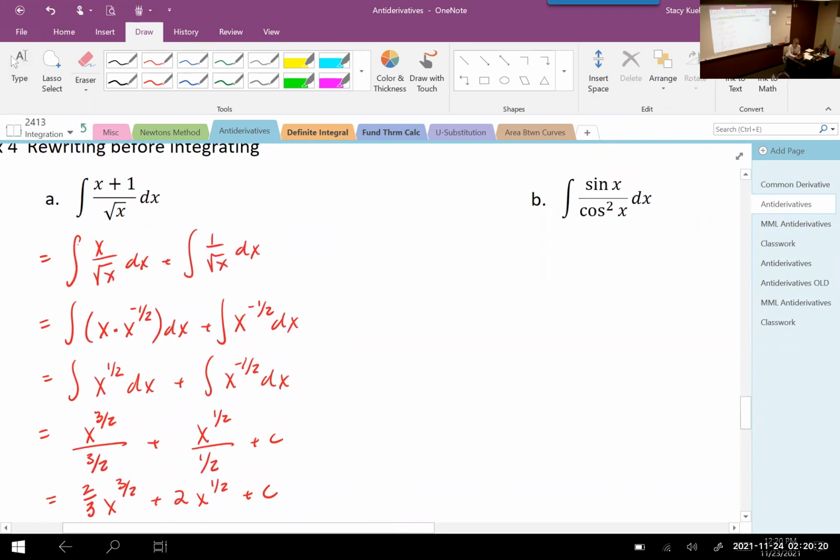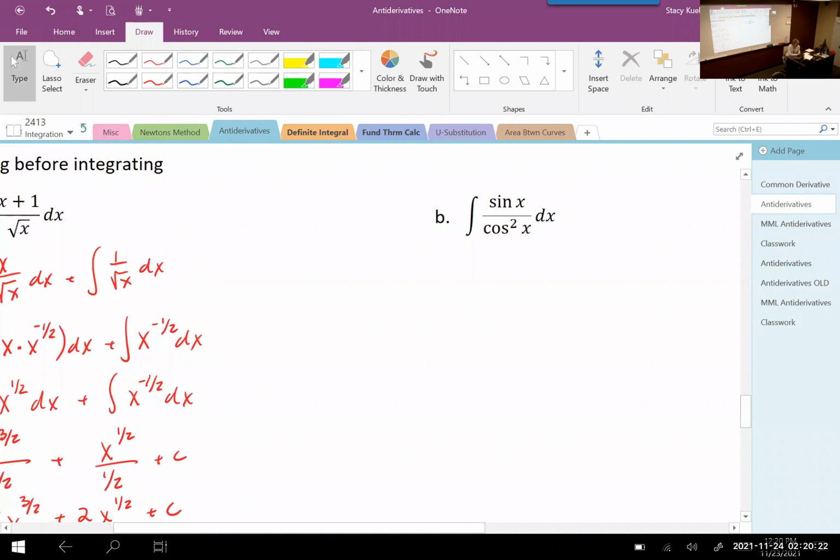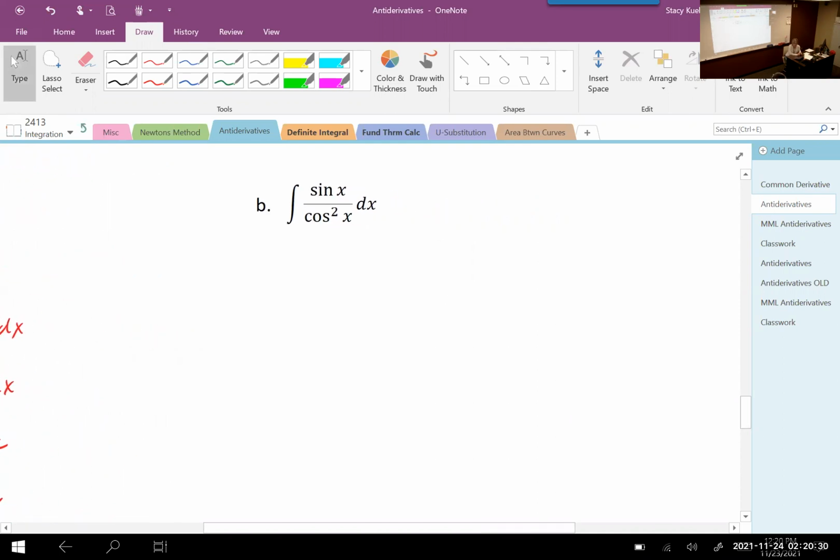Let's look at this one right here. The integral of sine x over cosine squared x dx. So we're going to use our trig identities to rewrite this as the integral of sine x over cosine x times 1 over cosine x dx.